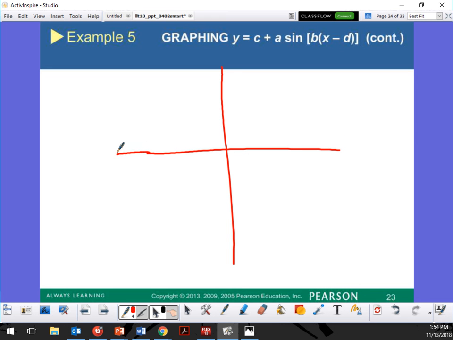So how far to the left do I go? My start is at negative pi over 4. How far to the right? Then we have negative pi over 8, then 0, then positive pi over 8. It goes up. Negative pi over 4, what was my value? -1.